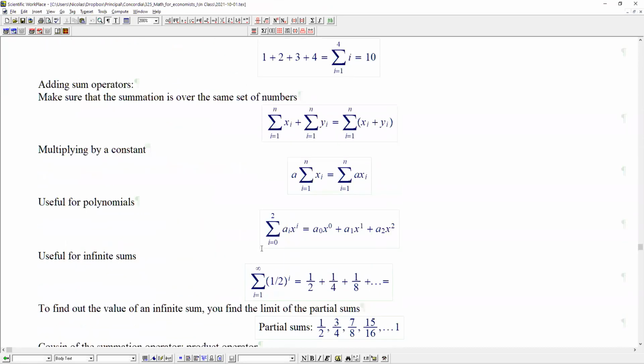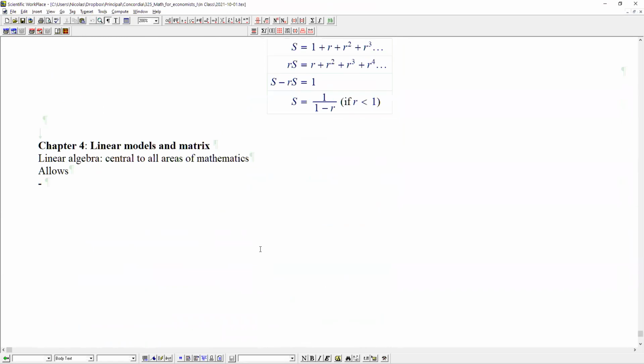So basically, it allows writing large systems of linear equations in compact ways.